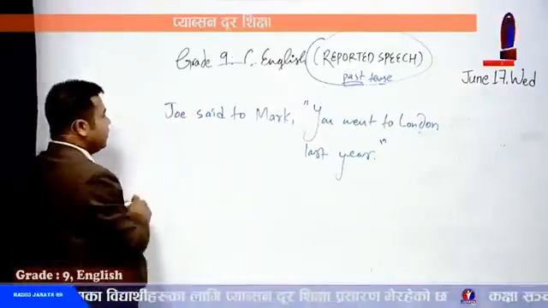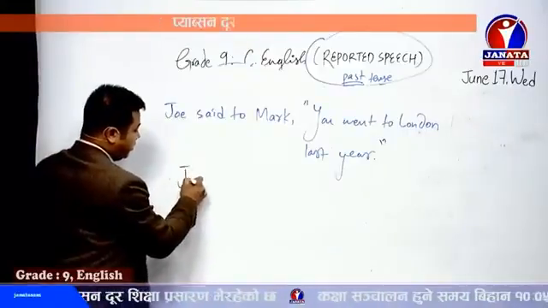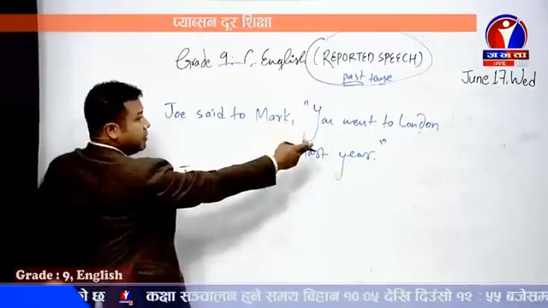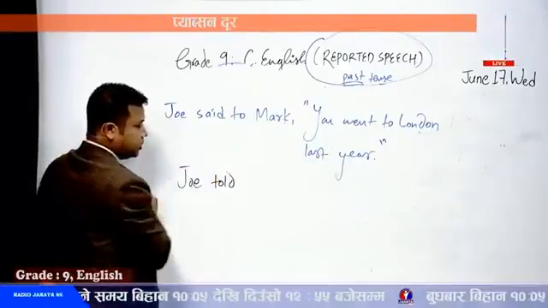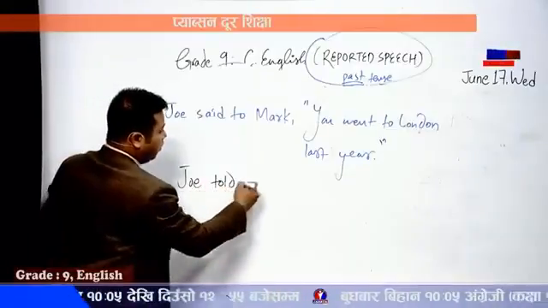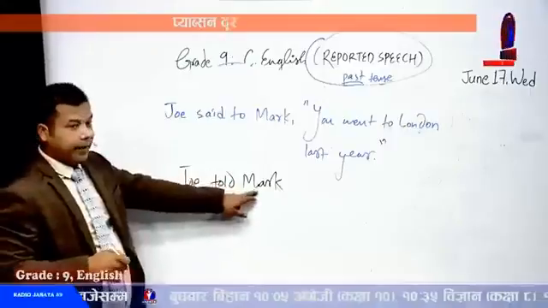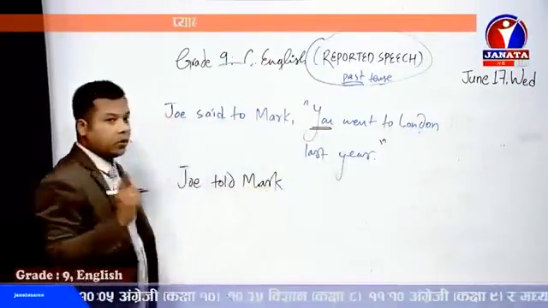See here. Joe is a speaker. We are using the speaker for sure. This is Joe said to. It's a statement made there, so I will use told. Joe told Mark. Now, who is this you? I told you the sun rule.